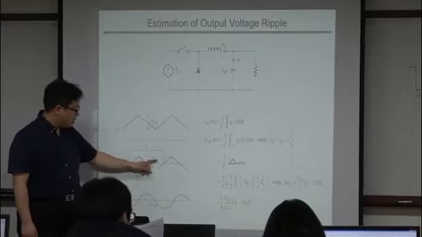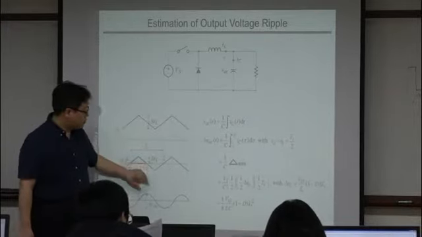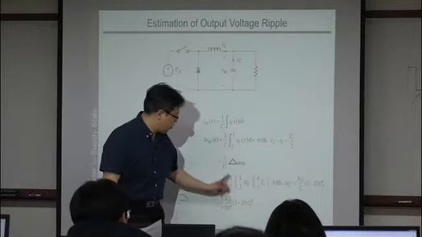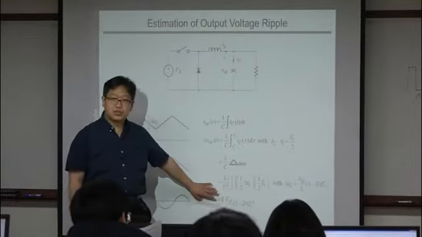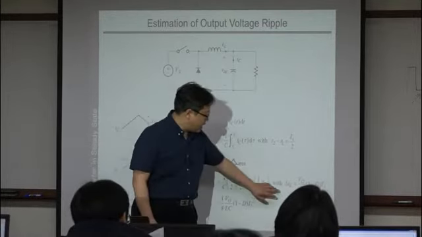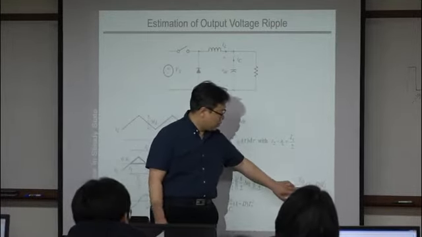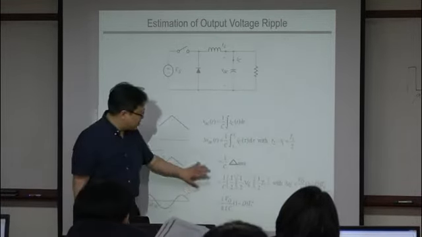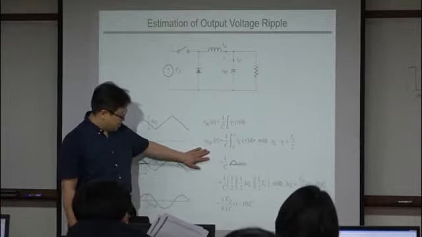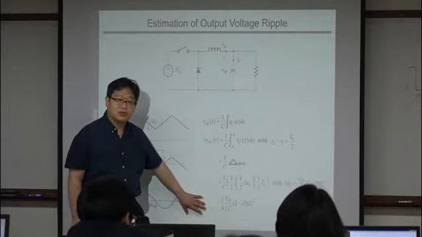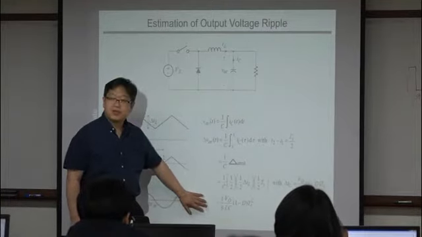It is delta IL over 2. So you put this here, and 1 over 2 from the area of the triangle. Then at the time, your delta IL was what? VO over L, 1 minus D, Ts. Then you can generalize delta VAC like this. This is a general expression of your VAC ripple component.